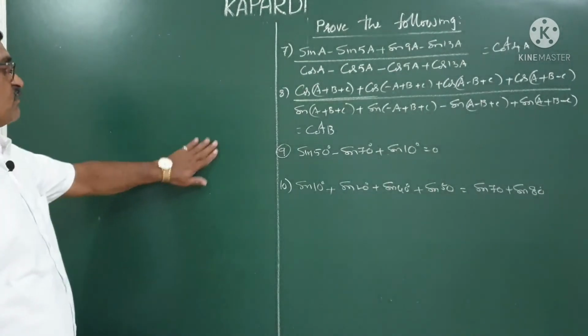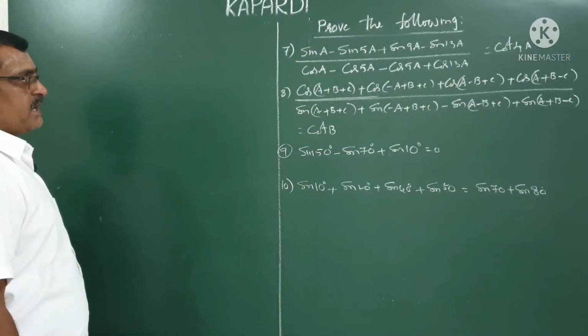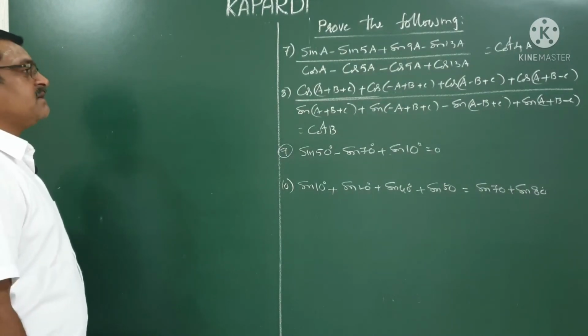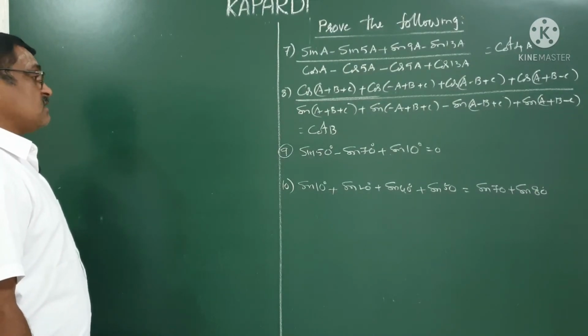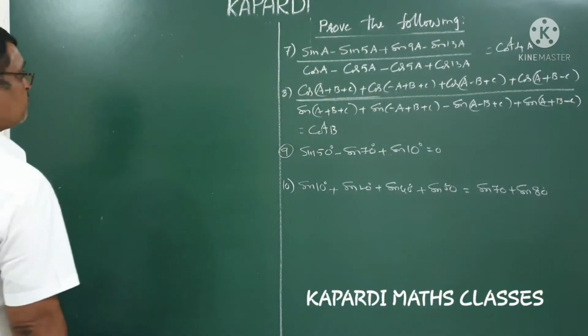Next one, the seventh question. Sin a minus sin 5a plus sin 9a minus sin 13a by cos a minus cos 5a minus cos 9a plus cos 13a is equal to cot 4a.